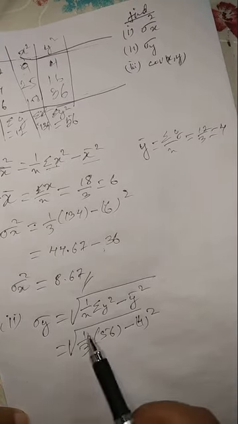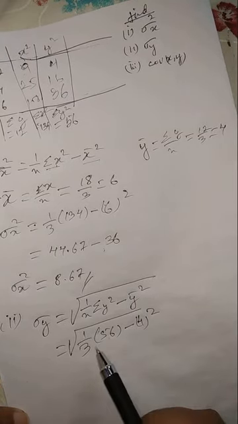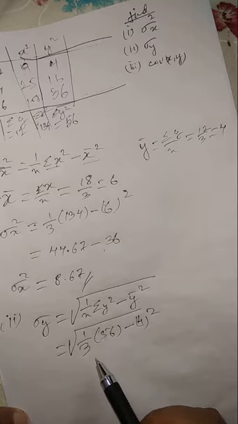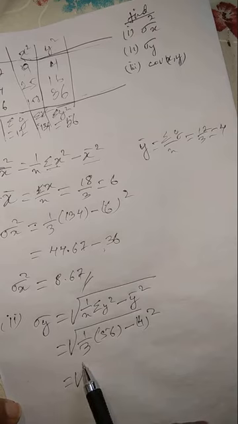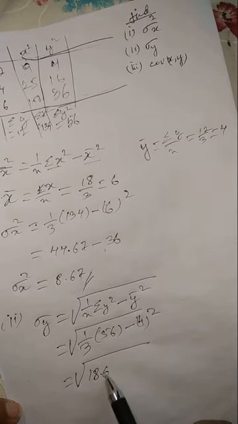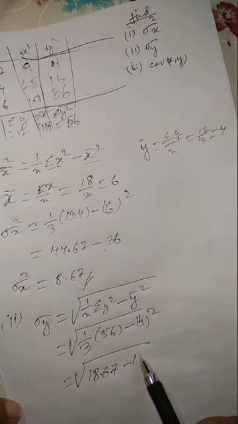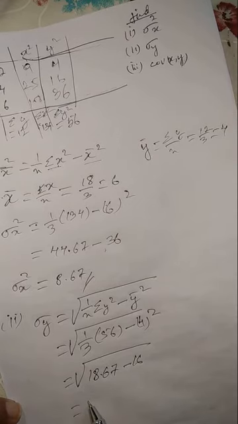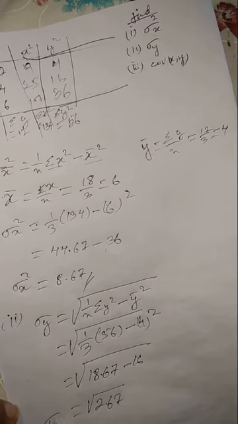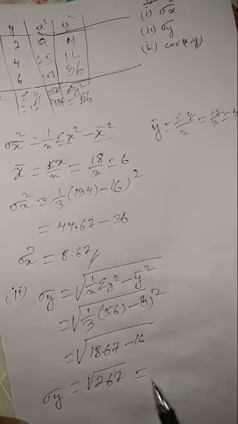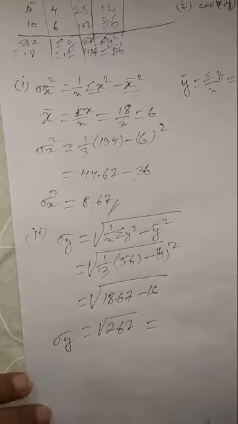Okay, so it is 56 divided by 3, which is 18.67, minus 16, which is under root 2.67. So sigma y is equal to, and then you find out the root.